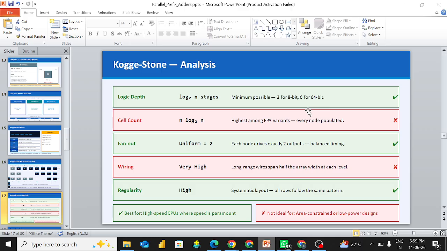It consumes a larger area. It has too many cells and also huge wiring congestion. Why? Because you connect it in parallel, in a tree form, so the connections will be endless.